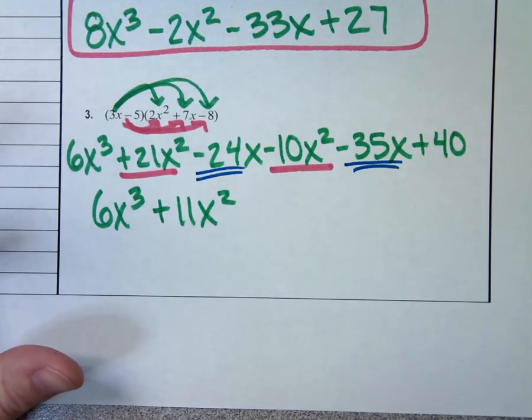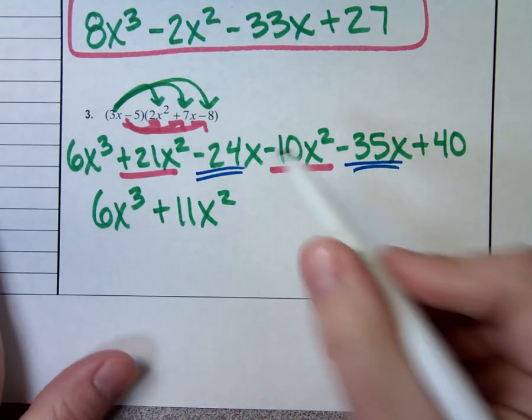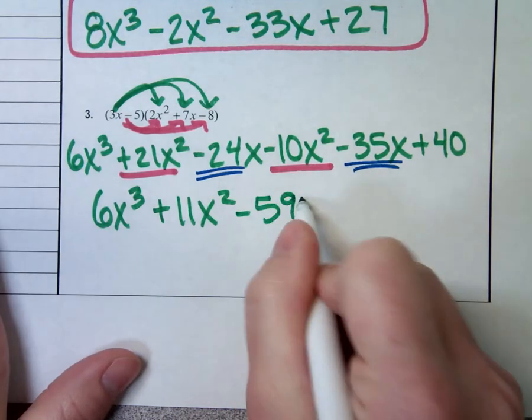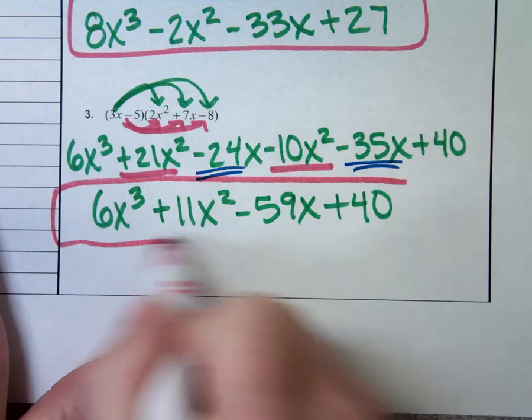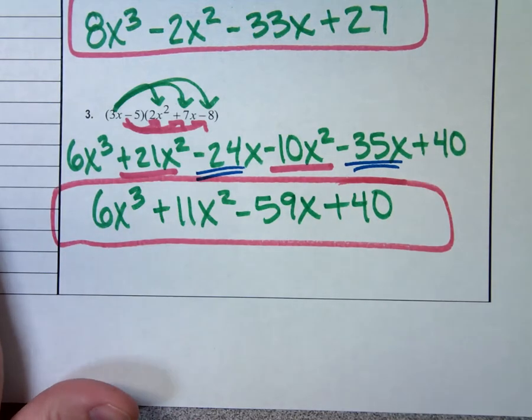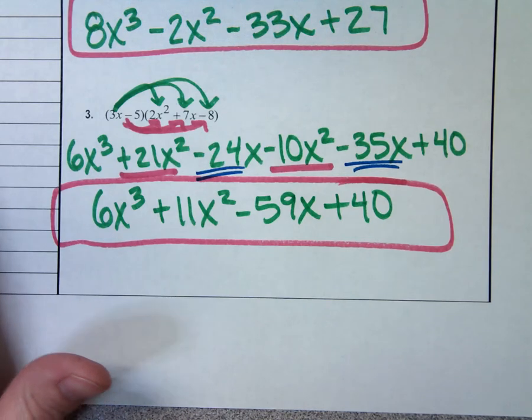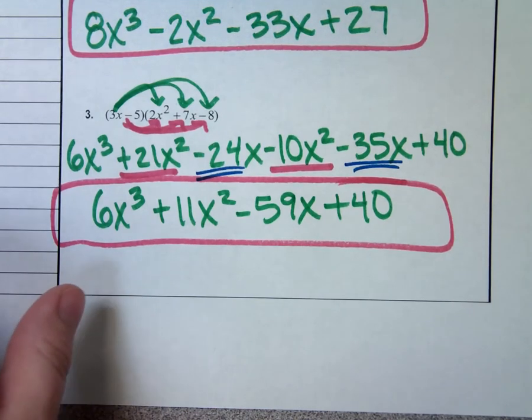What do you get if you combine a negative 24 and a negative 35? A negative 59x. And then there's no other constant besides that positive 40, so we just drop it on down. And there it is. Okay, let's flip to the back side.